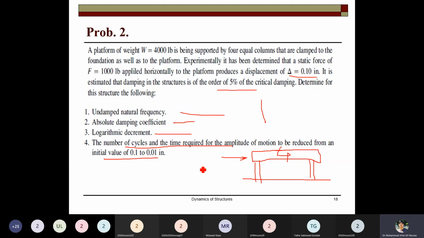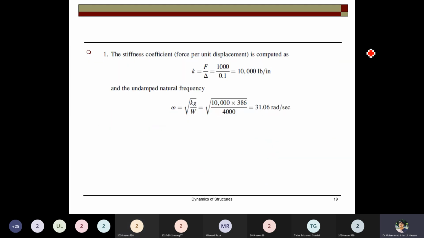Now you can compute the stiffness, F over delta. Because the force is 1000 and the horizontal displacement delta is 0.1 inch, this is the k value, and the undamped natural frequency is the square root of kg over W. This can be determined as the undamped frequency.